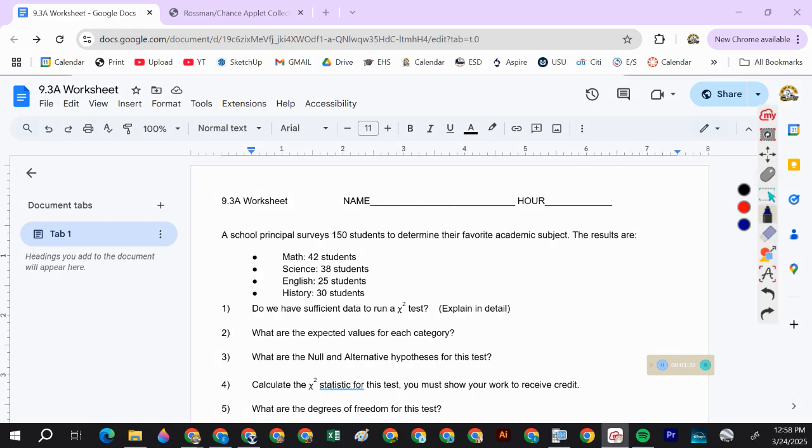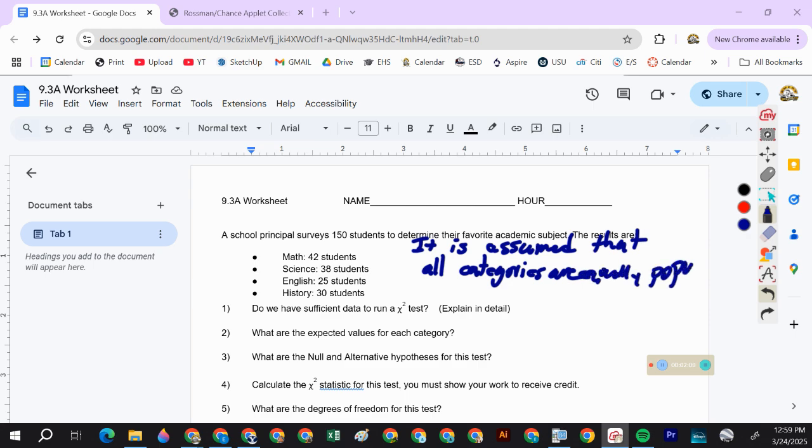Okay, so a principal surveys 150 students to determine their favorite academic subjects. The results are, shoot, I need to add something in here. It is assumed that all categories are equally popular.